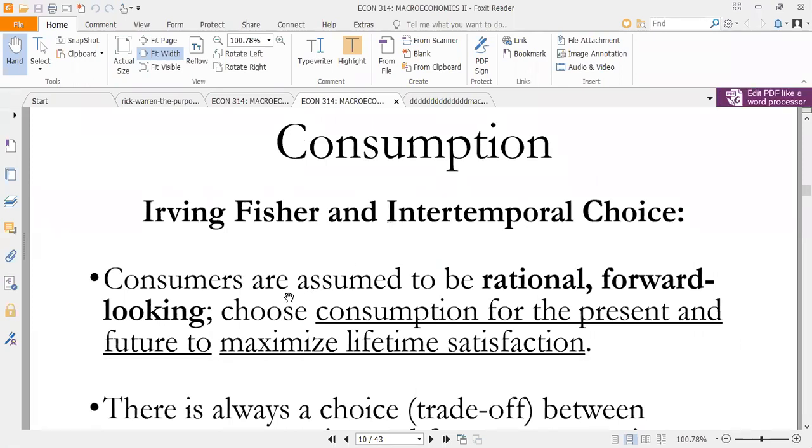Here, we assume that consumers are rational. You want to maximize your utility, and you also have to be forward looking, so you think about the future. It's not just about the current period. If you want to maximize your satisfaction, that satisfaction or utility will depend on both the current consumption and the future consumption.